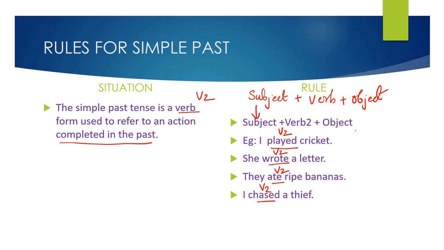So we should understand that a verb has three different forms, V1, V2 and V3. In V1 we say play. In V2 it becomes played.